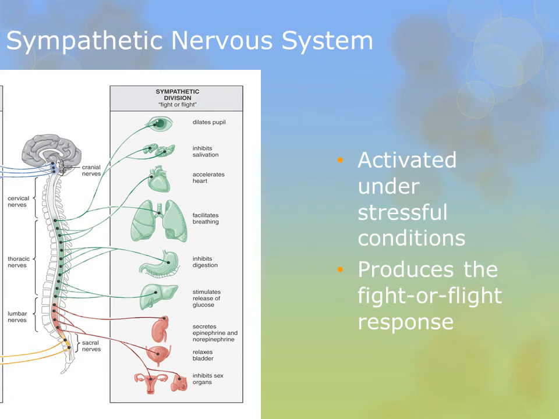It stimulates release of glucose. My muscles are going to need that glucose for energy. I can't live on oxygen alone, so it provides me with that. It stimulates the adrenals to secrete epinephrine and norepinephrine. It relaxes the bladder, so when people are scared, what happens?